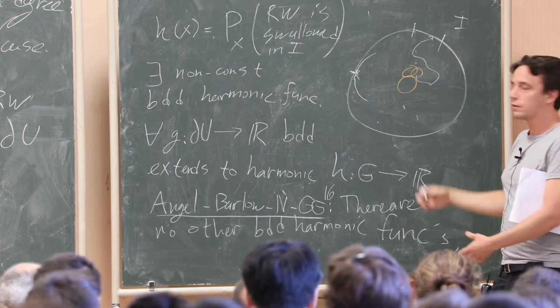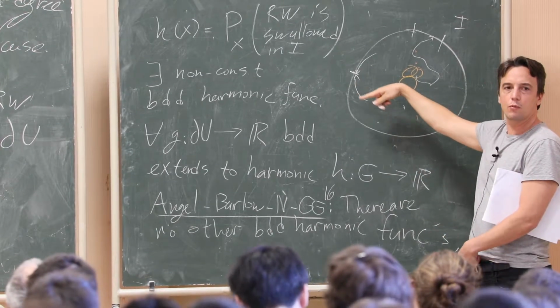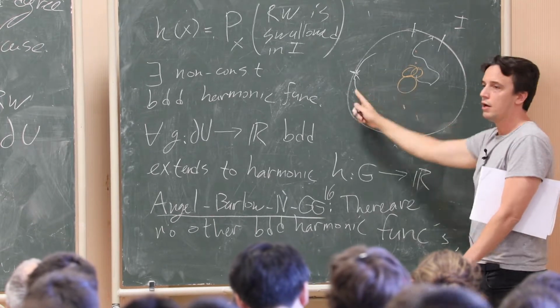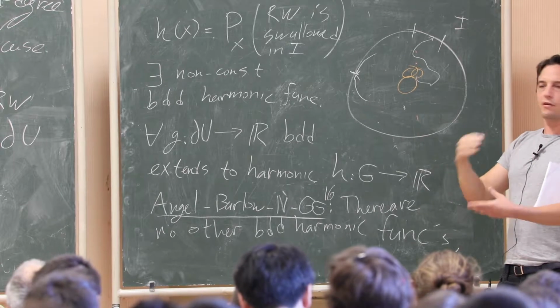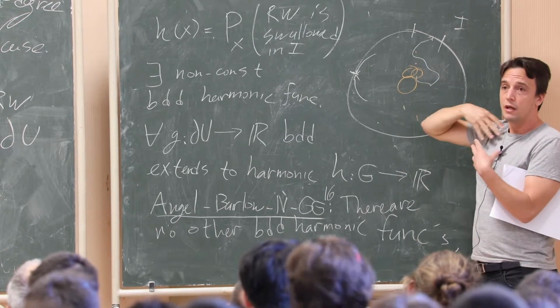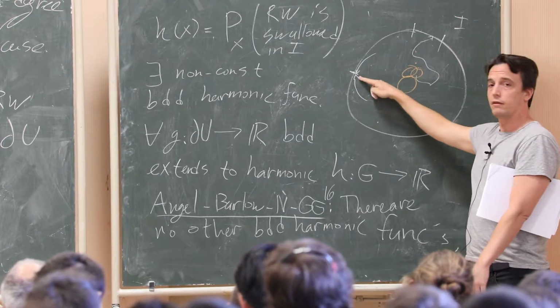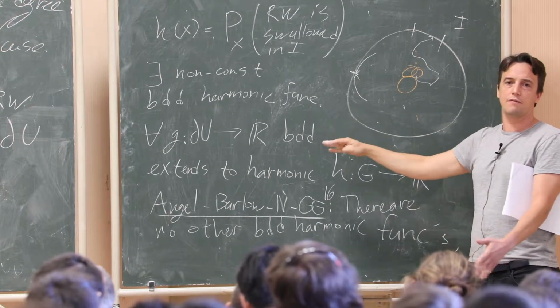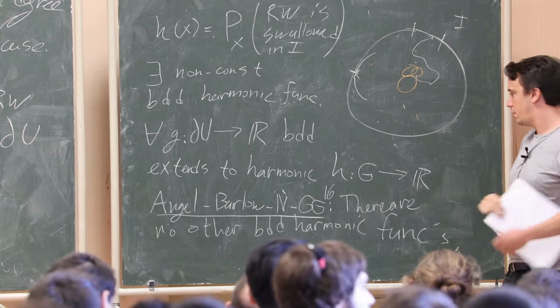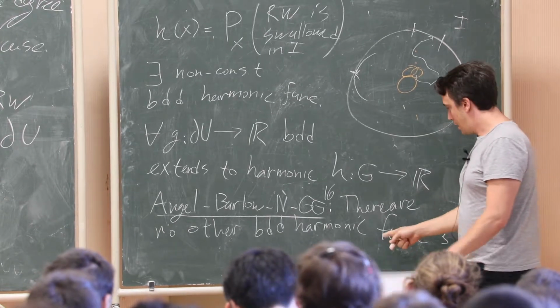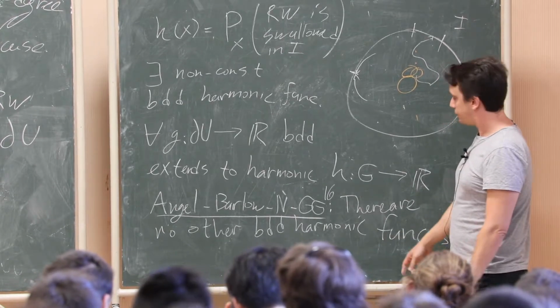Such a behavior of the random walk cannot exist. It has to go from all directions or just from one particular direction. All other invariant events conditioned on the exit location have to be 0-1 events. And this is the content of this theorem, and if you're interested in it, you can read it.